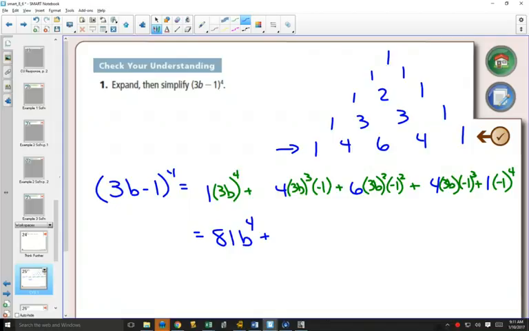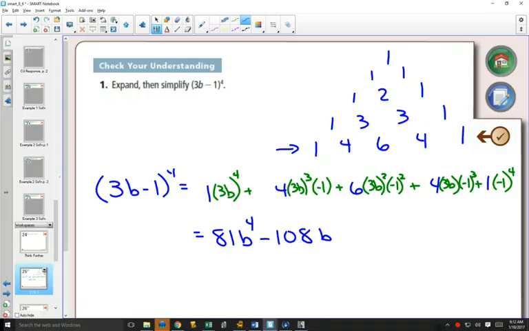Yes? 81, because 3b to the 4 is 3b times 3b times 3b times 3b, and 3 times 3 times 3 times 3 is 81. Can you see that here you're going to get 3 cubed? 27. 27 times 4? 108. Times a negative 1? Negative 108.